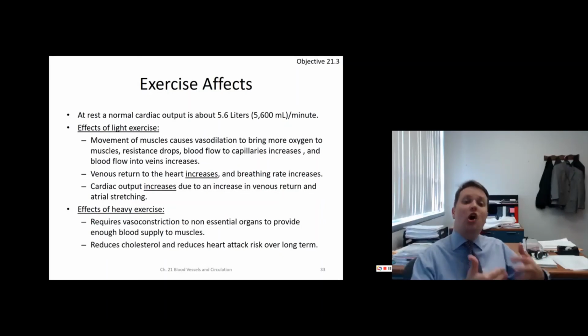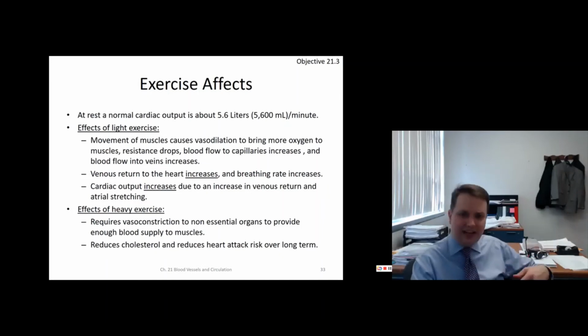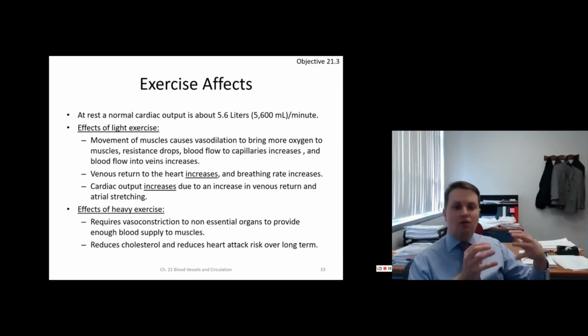Venous return increases because veins are getting more blood, and that means more blood gets back to the superior and inferior vena cava, which means more blood gets into the right atrium. That also means breathing rate goes up, and cardiac output goes up because the venous return is increasing cardiac output. More blood in, more blood out. That is a big thing.